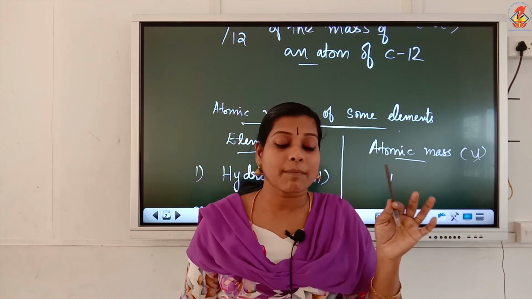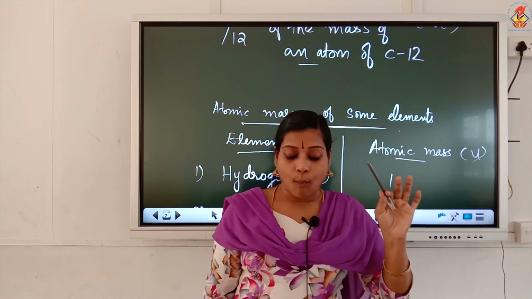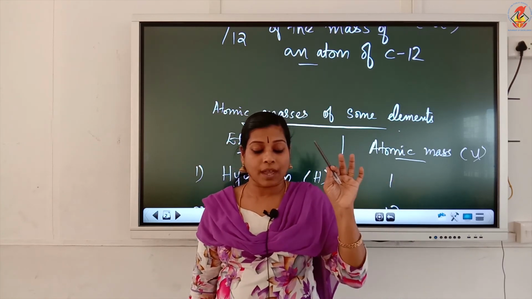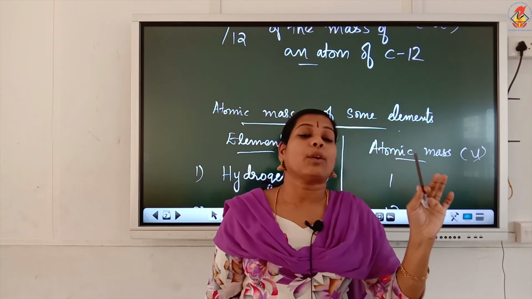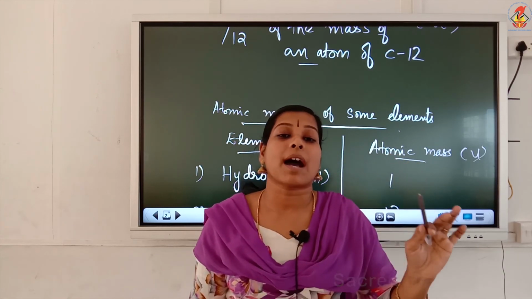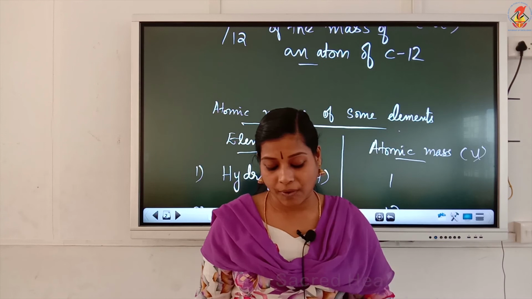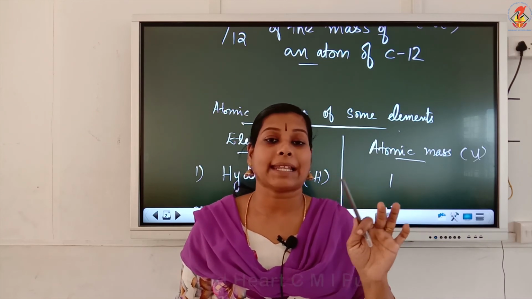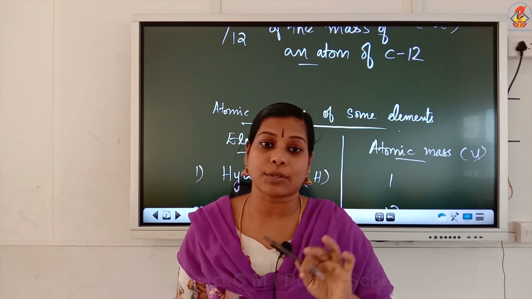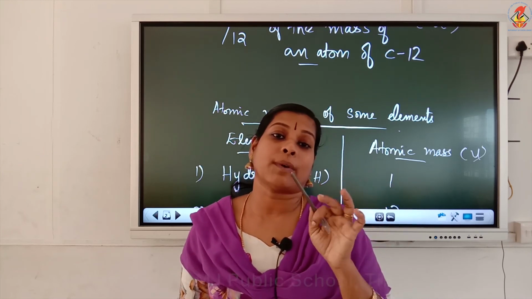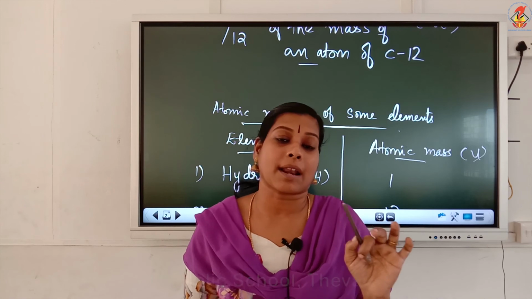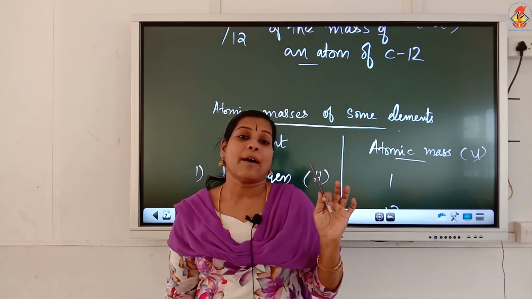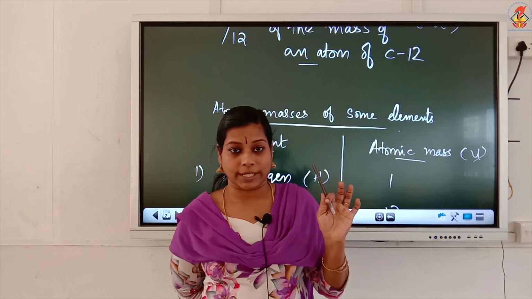So the atomic mass unit definition is: one atomic mass unit is the mass exactly equal to 1/12 of the mass of one atom of carbon 12. That is taken as one atomic mass unit.